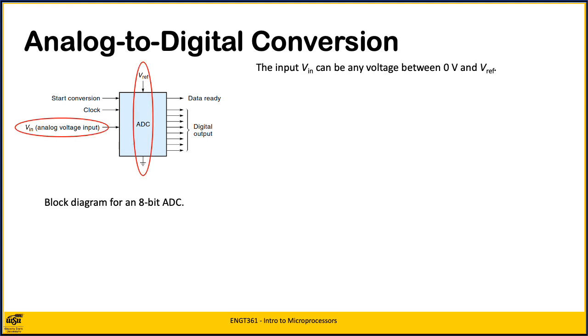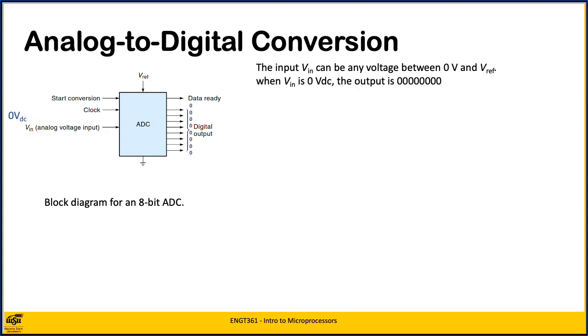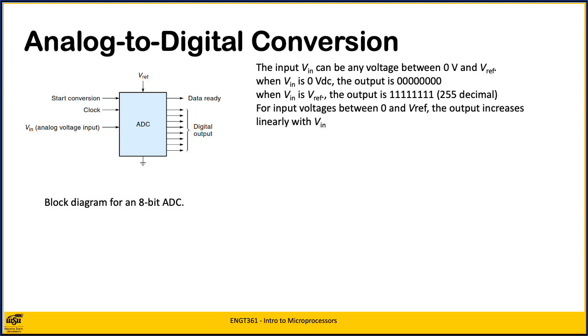The input voltage, Vin, can be any voltage between 0 volts and the reference voltage, Vref. When Vin is 0 volts DC, the output is a string of zeros. When the input voltage equals the reference voltage, Vref, the output is a string of ones, or 255 decimal.